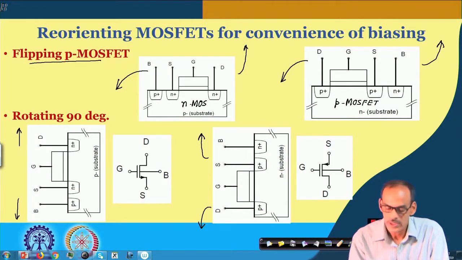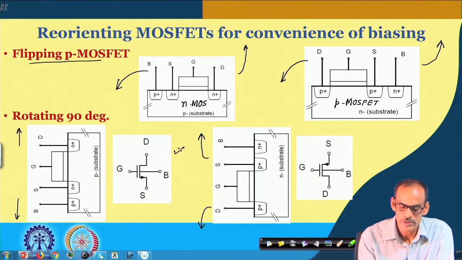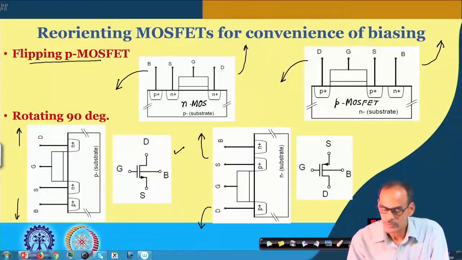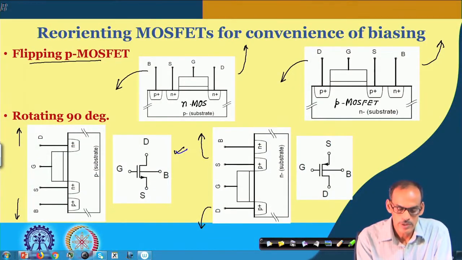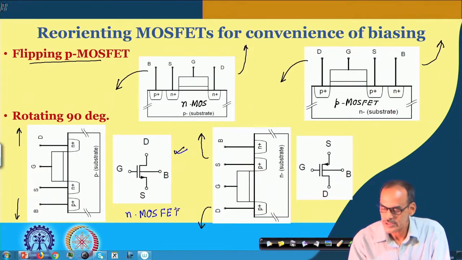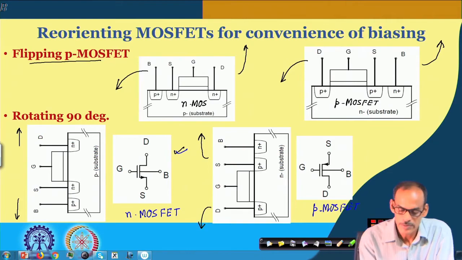In addition, here I am also showing the corresponding symbols of the devices. So, this is for the NMOS. This is the MOSFET symbol, and this is the PMOS symbol. And if you observe carefully some conventions here, the source has an arrow. In fact, this arrow is consistent with the flow of the current IDS.